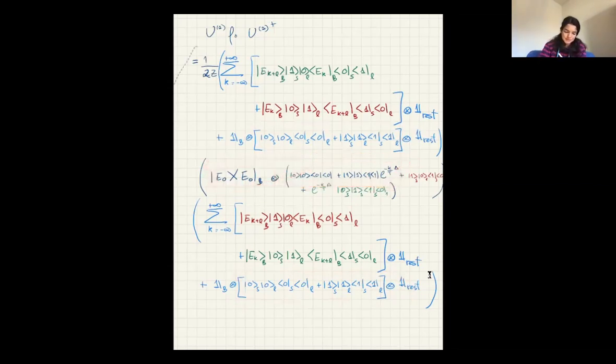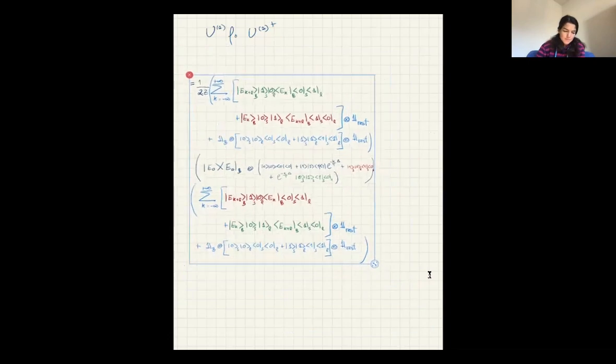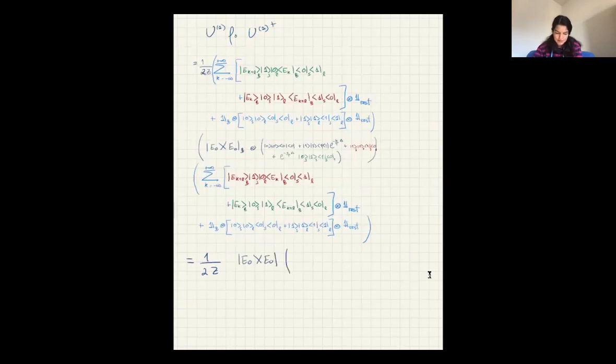Let me write it then. So it's going to be 1 over 2z. And now let's first write the terms that survive here. So we have the E0, E0, and then this, I'll just write it like this, so 0, 0.